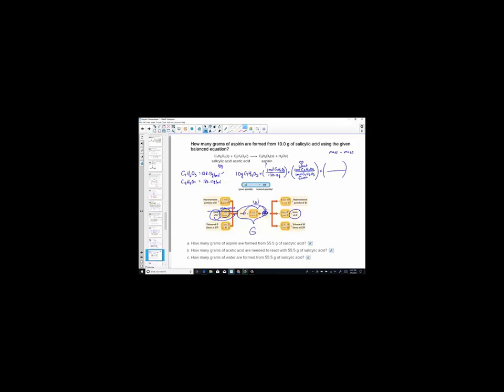So I'm standing right here. I need one more step, and that's to come out to the grams. And remember, we need molar mass to convert from moles out to grams. We divide, we ratio, we multiply. 1 mole of your aspirin would weigh 180.17 grams.